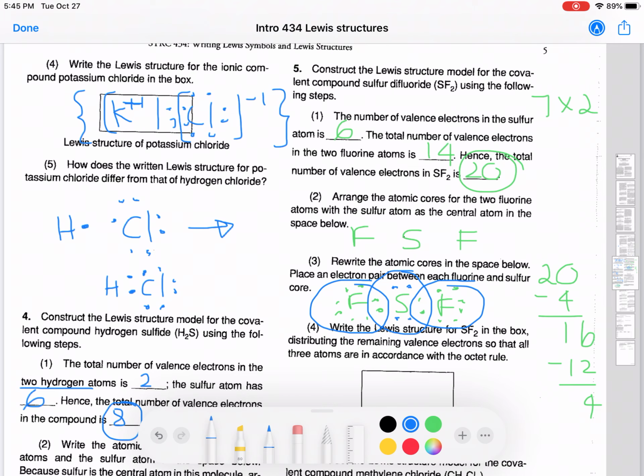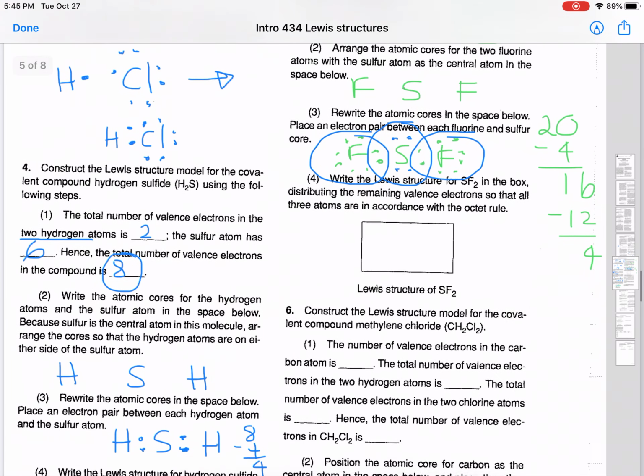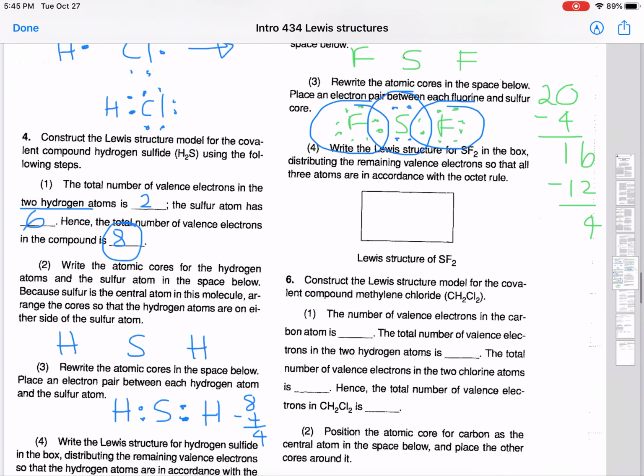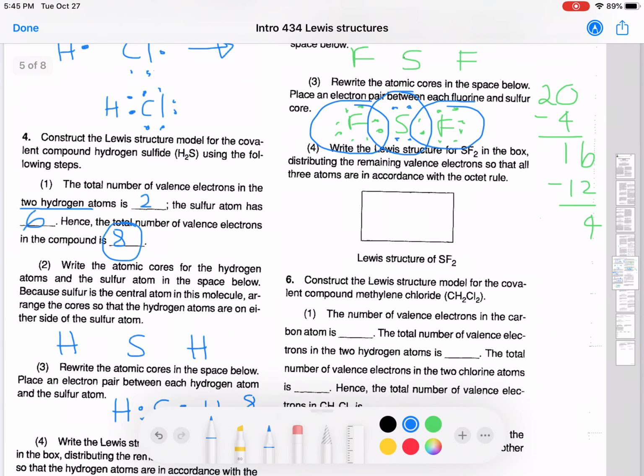Write the Lewis structure for SF2. So SF2 then is going to be what I have just drawn. I just showed you the process of how to put the electrons. So that is SF2.